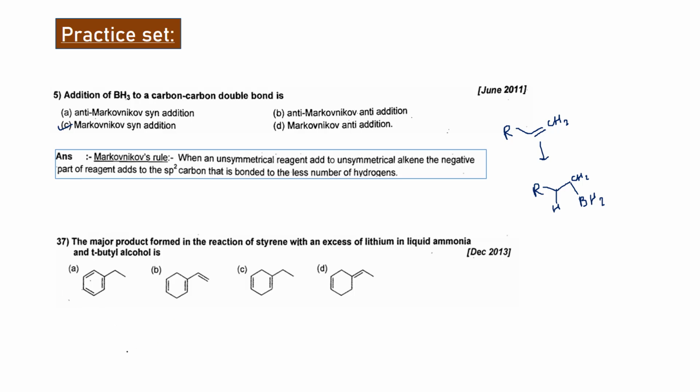Next is this one. If styrene reacts with lithium in liquid ammonia, what will happen? So this is styrene. The alkene double bond, we can consider this as an electron donating group. After addition, you will get this as our product.